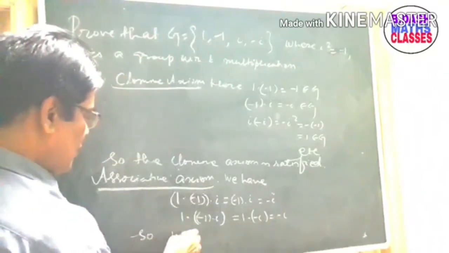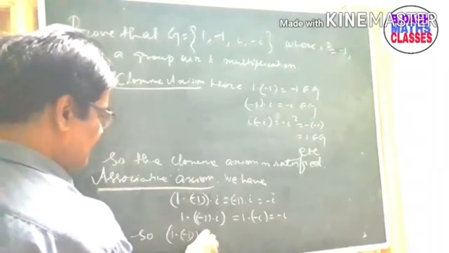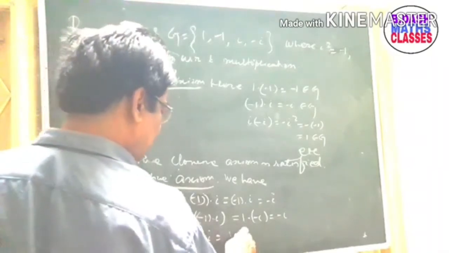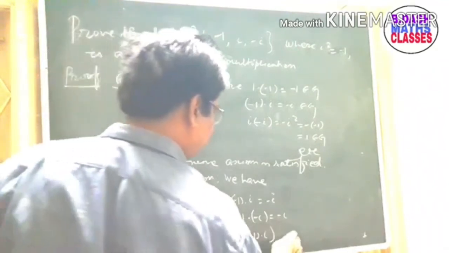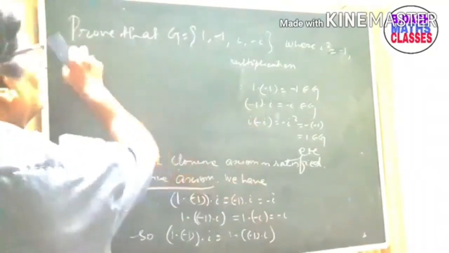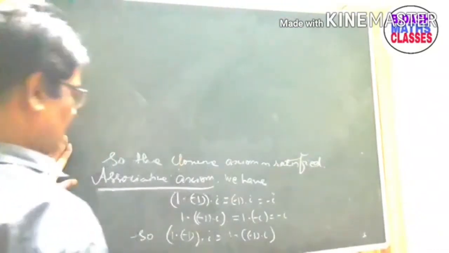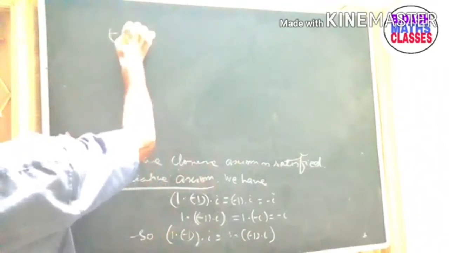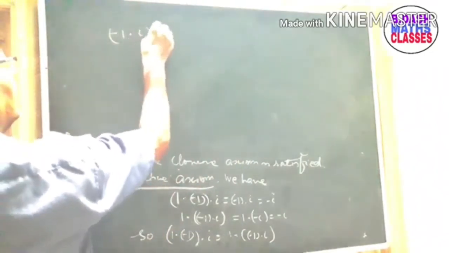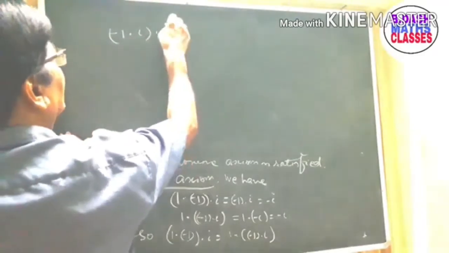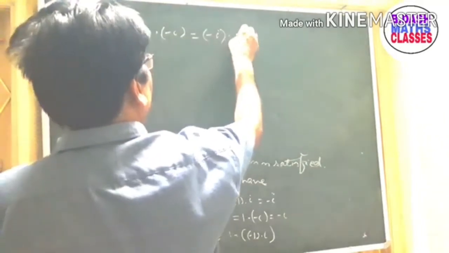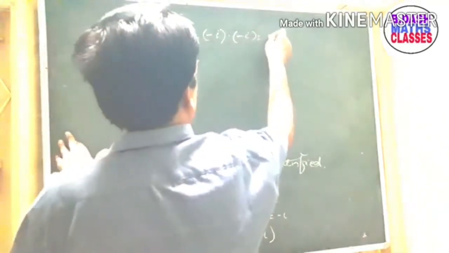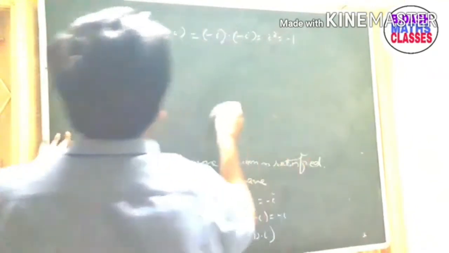So (1 × -1) × i is equal to 1 × (-1 × i). Similarly, (-1 × i) × -i = -i × -i = i² = -1.